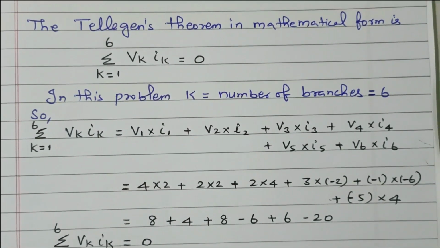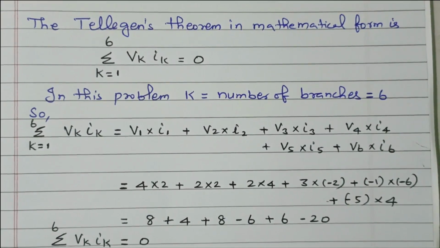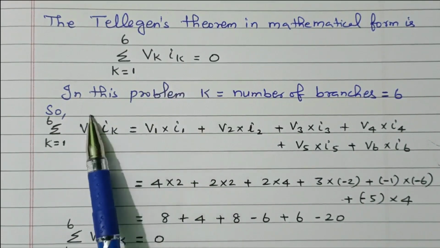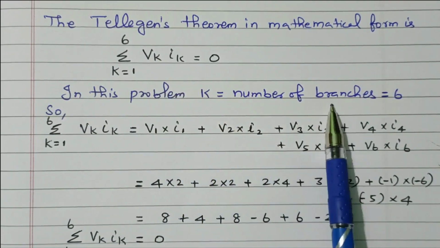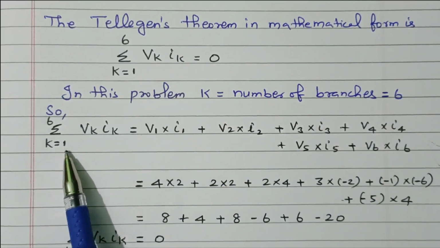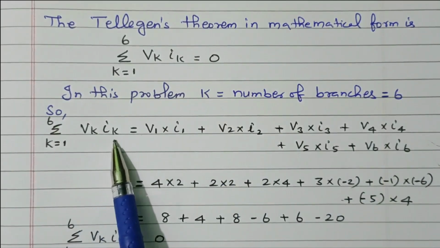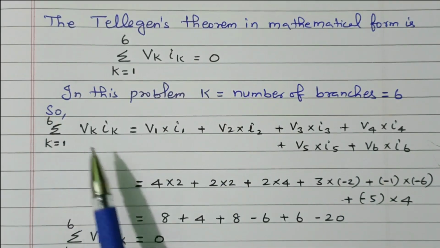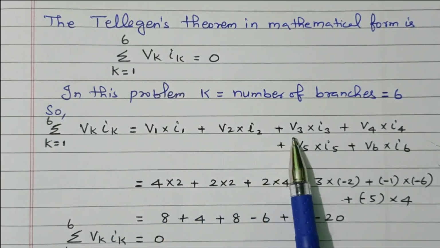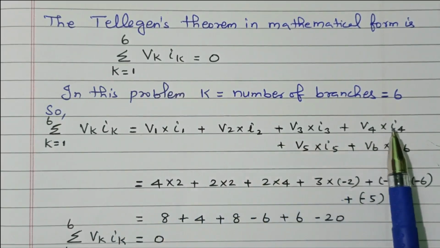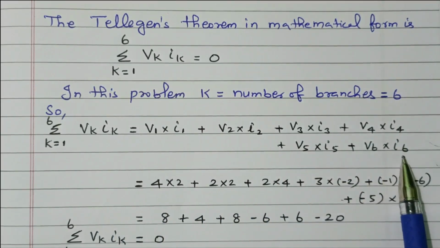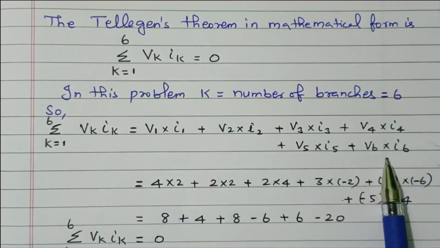In this problem, k equals the number of branches, that is 6. So the summation of k equals 1 to 6, Vk Ik, we have to apply from 1 to 6: V1 I1 plus V2 I2 plus V3 I3 plus V4 I4 plus V5 I5 plus V6 I6, right?